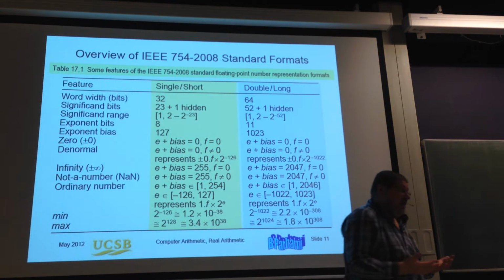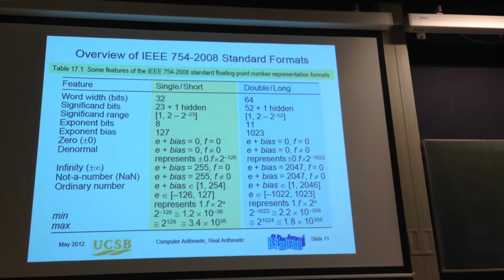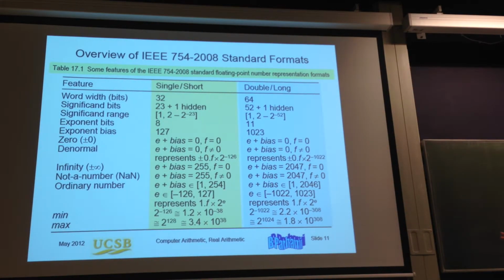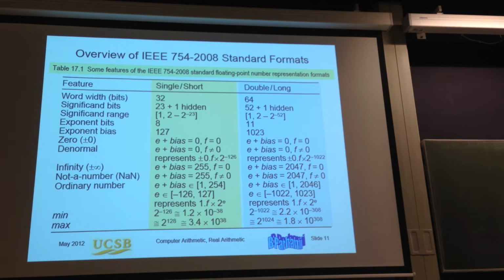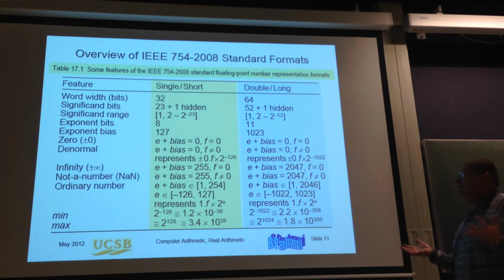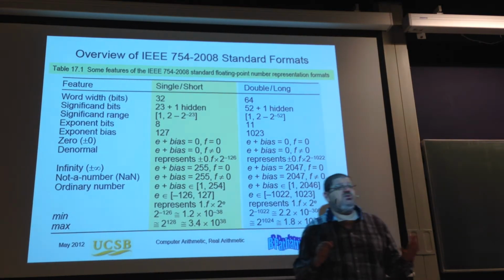In the same way, I have some kind of convention for the other end of the domain, which is the infinity. If the exponent plus bias is the maximum value, which is not infinity, but it's the maximum value, and the fractional part is 0, then this is considered to be infinity.